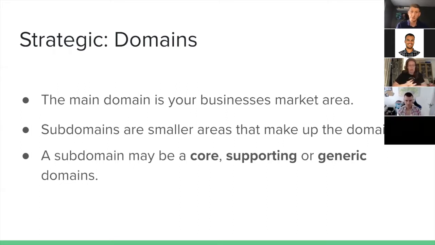You have supporting ones. These have to be in place in order to make the other offerings, the core offerings, kind of work, but they're less important to the end user. So billing is one of those for us. Very important to us as a company to get paid, but the end user doesn't really see the billing on many of the screens, so it has less impact to them.